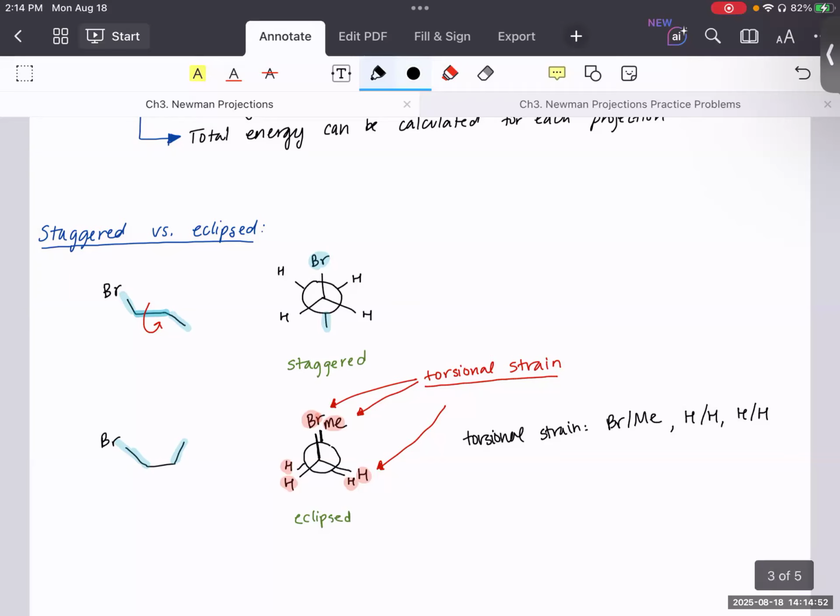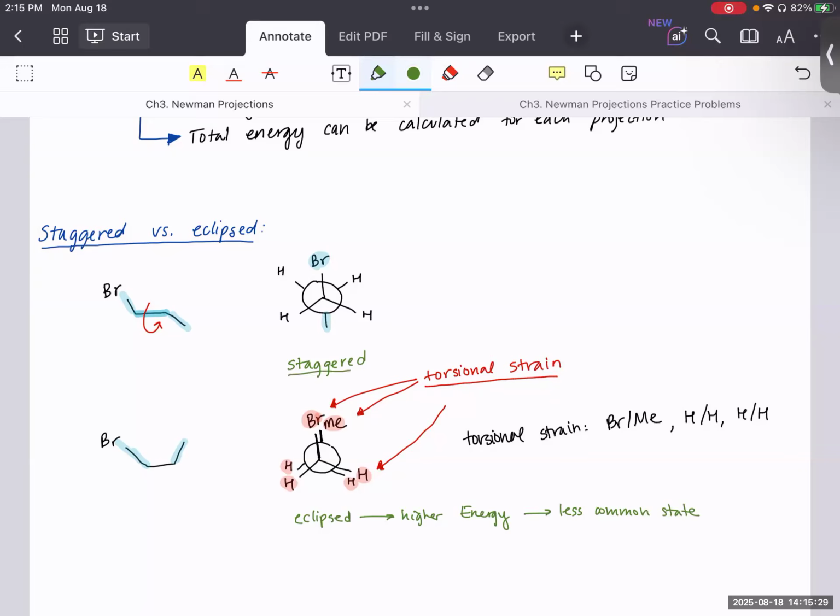Because there's that strain, or that clash of electrons, this structure is considered higher energy. And even though we have free rotation around that single bond, because this is higher energy, it's not as stable or as preferred. So this state occurs less commonly. Based off the energy differences, you can actually calculate the percentage of the time that the molecule spends in this state.